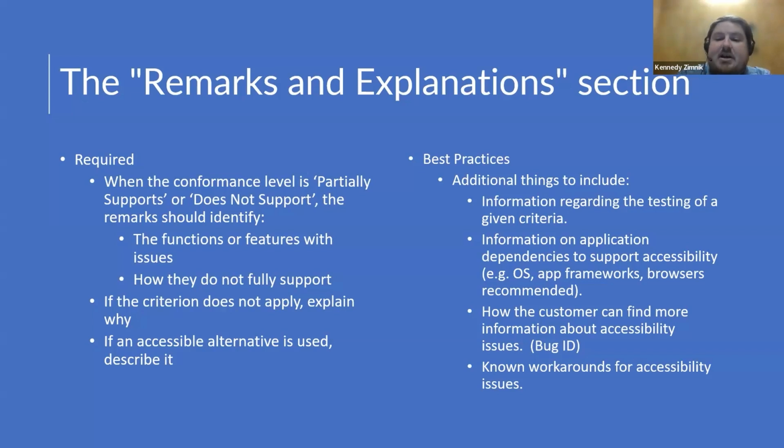Information on application dependencies to support accessibility. I think we've already talked about this. So the operating system, the different app frameworks. If it's an iOS app or an Android app, or if it's an issue only happening in the iOS app or Android app, things like that. Browsers recommended.